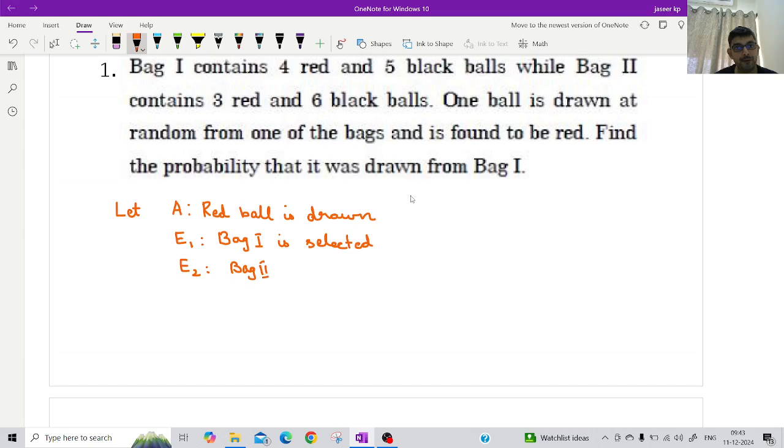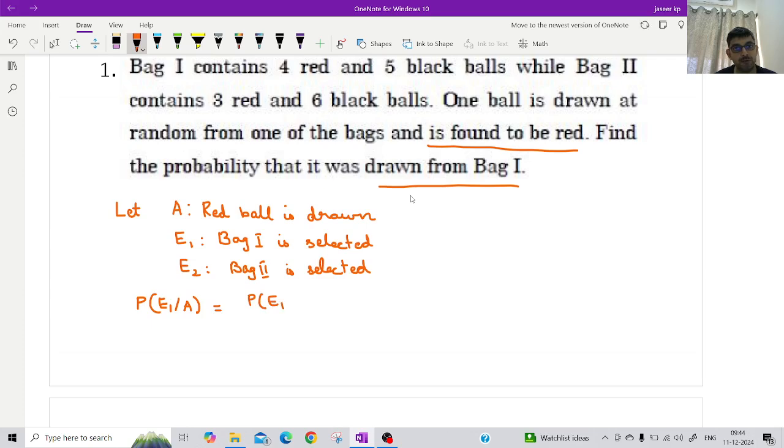then E2 will be bag 2 is selected. Now as per the question, if you see that we already got the red ball, what is the probability that we have selected the first bag? So we have to find, A has already occurred and it has come from bag 1, so E1 given A. So this will be a problem of Bayes theorem.